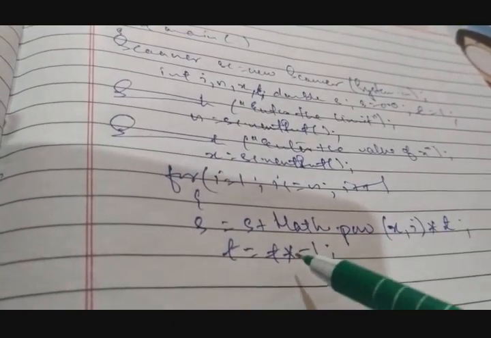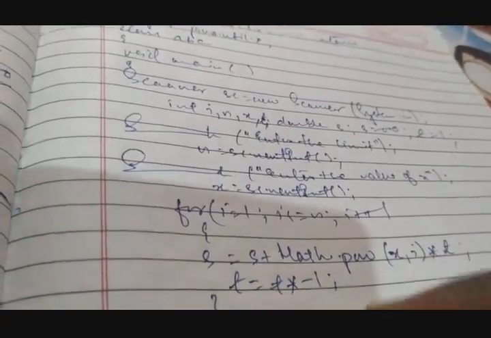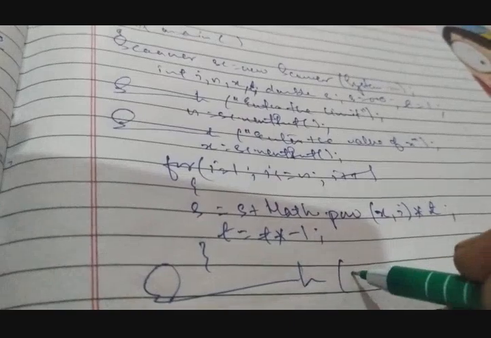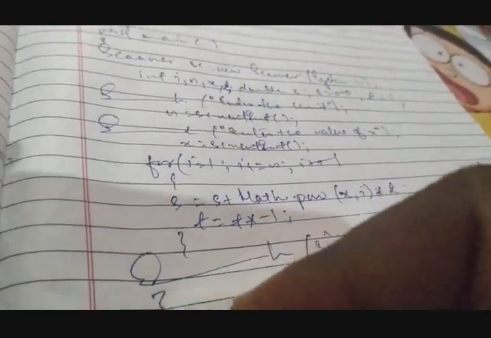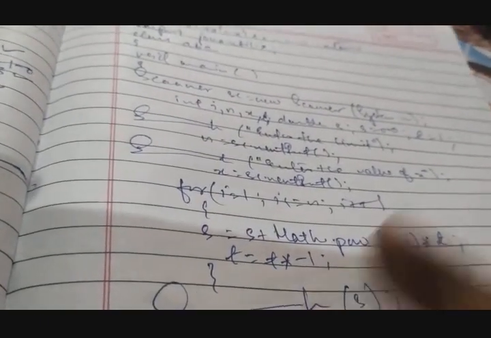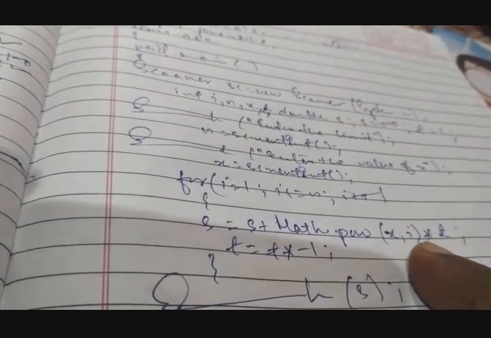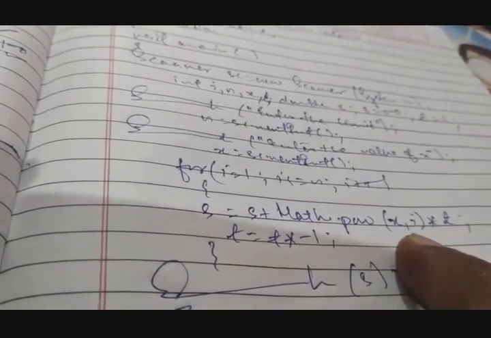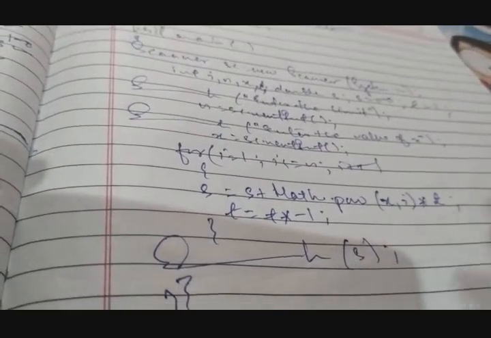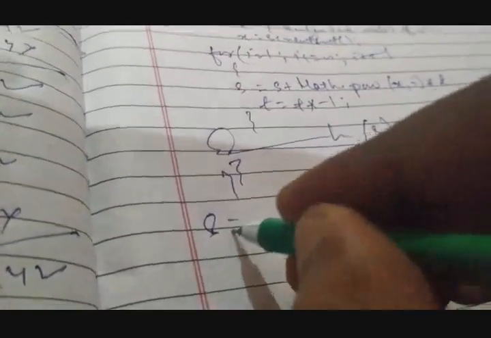When i becomes 4, t becomes negative. And so println s, close, class close. X to the power 1, it's x and positive, then t becomes negative. X to the power 2 into minus 1, so it's minus x to the power 2. Likewise it goes.